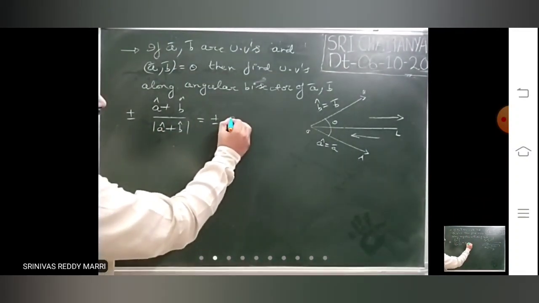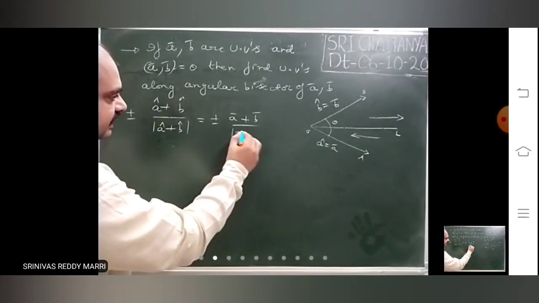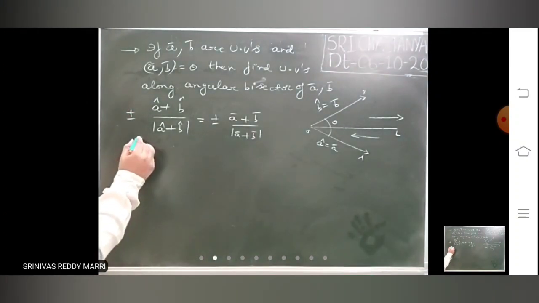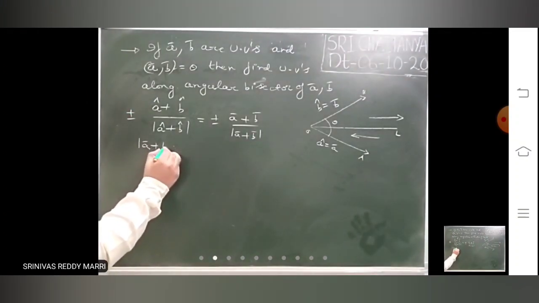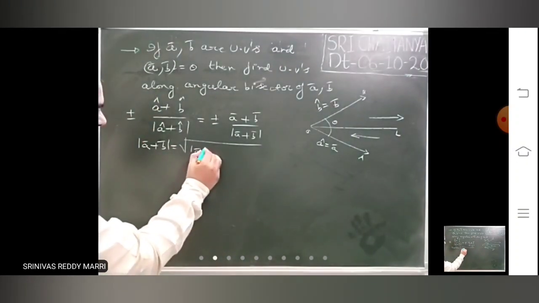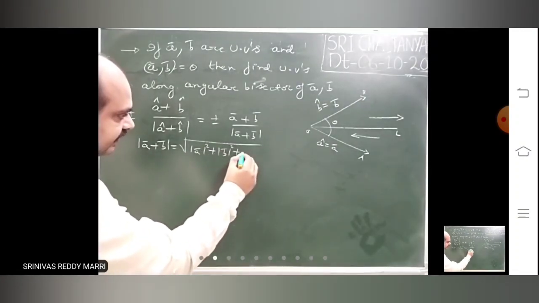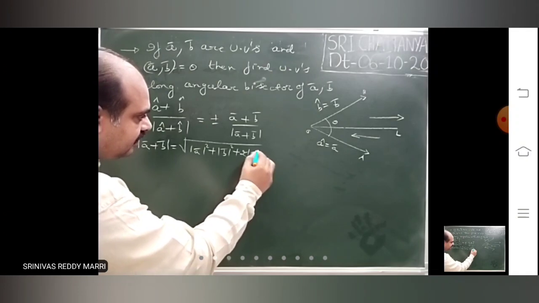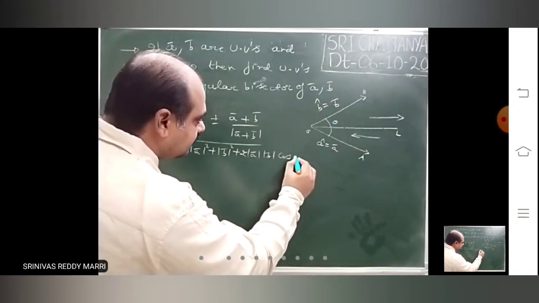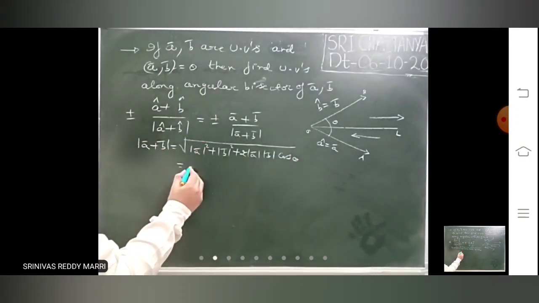So that means plus or minus A bar plus B bar, since A cap means A bar only. Now I am calculating the modulus of A bar plus B bar. The formula is modulus A bar square plus modulus B bar square plus 2 into modulus A bar into modulus B bar into cos theta. This is 1, this is 1, since they are unit vectors.